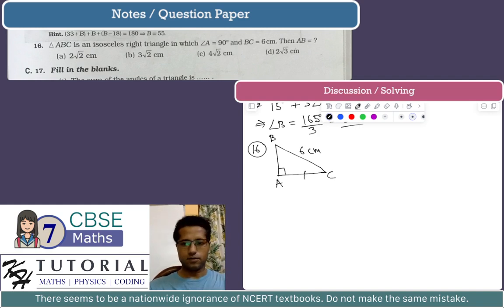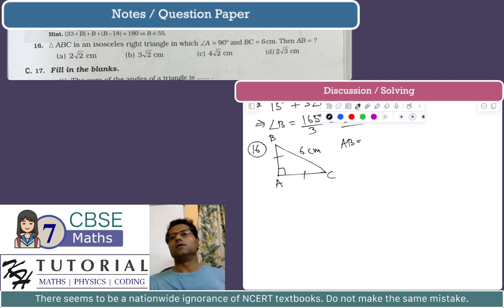So this side AB and AC must be equal, because in an isosceles right angle triangle we know that the arms or the legs have to be the equal sides, because in a right angle triangle hypotenuse is the longest side. It cannot be equal to any arm or legs. In this triangle the arms and legs are AB and AC.